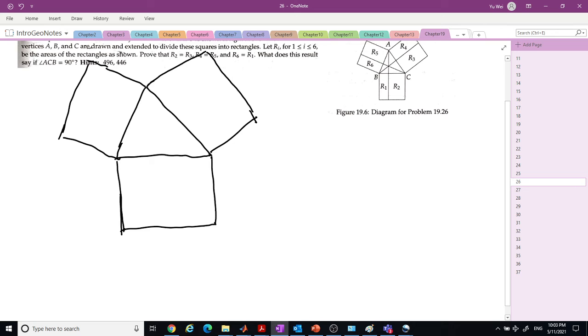Right, so these are all the heights, because here is 90 degrees.